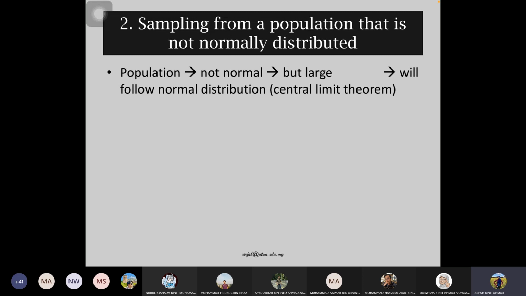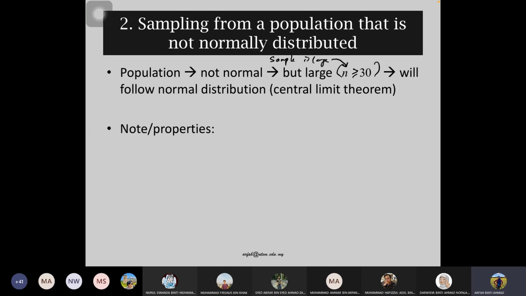Tapi sampel awak besar, okay? But large and up until greater or equal to 30. Meaning that sample is large enough. Macam mana kita measure that the sample is large, must be greater than 30.